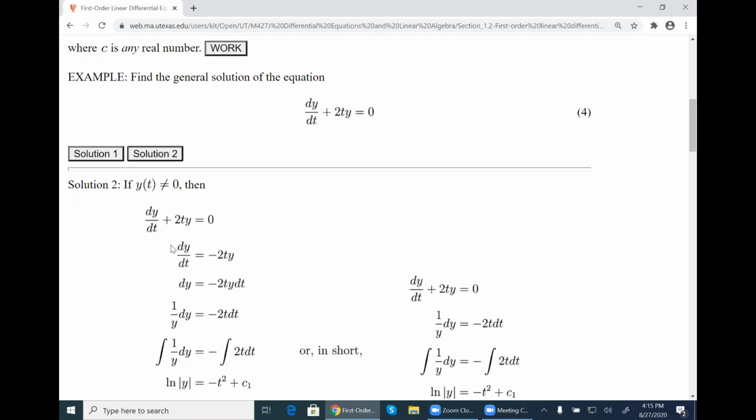The answer is, the top, dy, is a so-called differential of y. Now, folks, can anybody tell me what is differential? What is the difference between derivative y prime and differential dy?